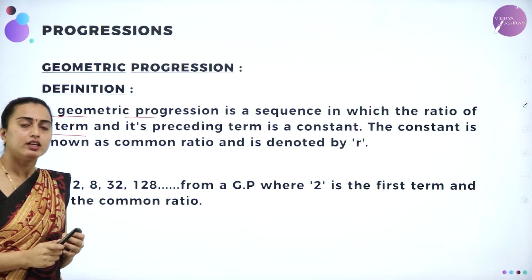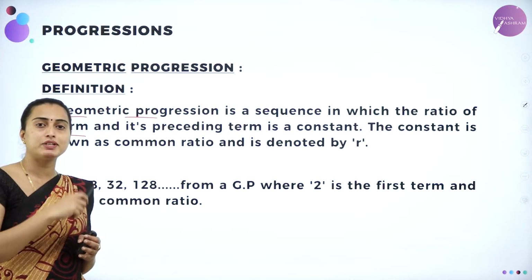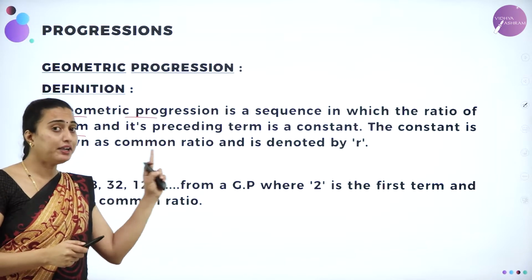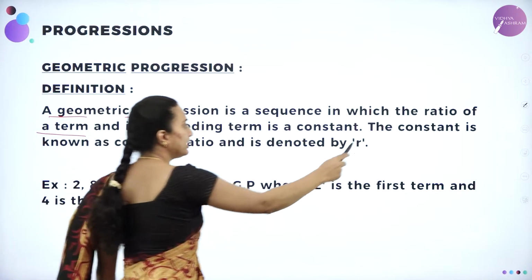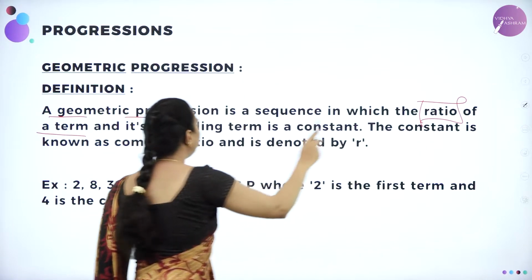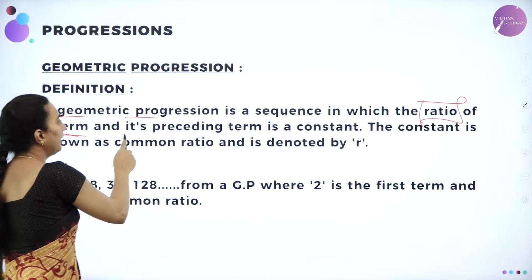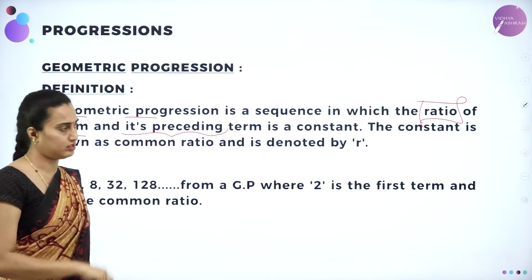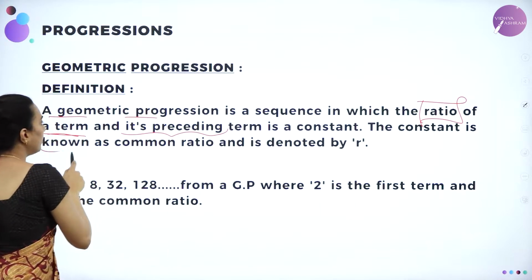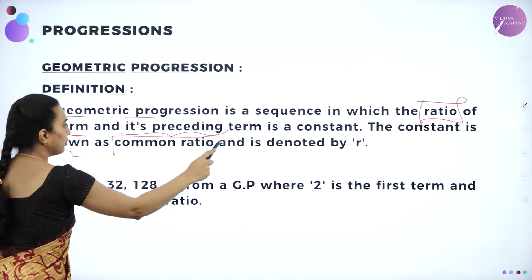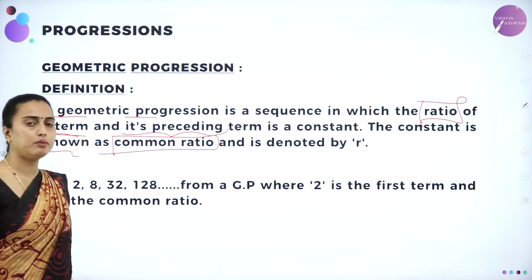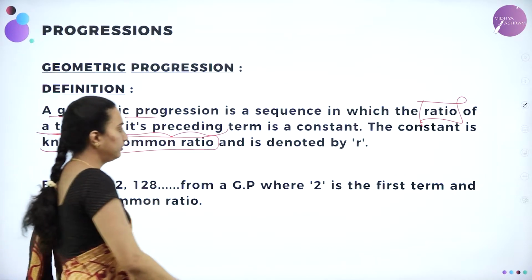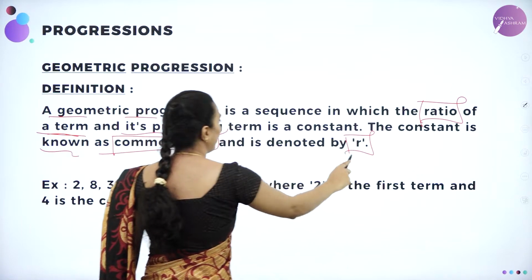So in an AP, the difference between the succeeding and the preceding term was a constant, but in a GP, it is the ratio of a term and its preceding term that is a constant. The constant is known as the common ratio, and is denoted by small letter r. This you need to remember.